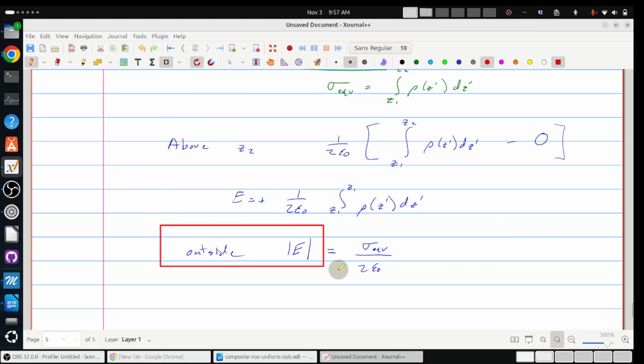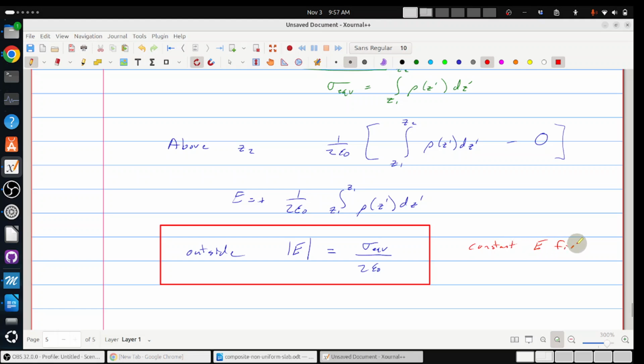It doesn't matter that it's not uniform inside the slab. It is uniform outside of the slab. Both Z1 to Z2. Trying to write these small subscripts.